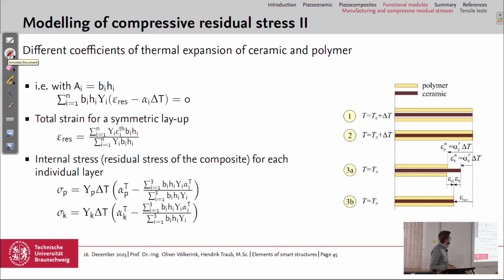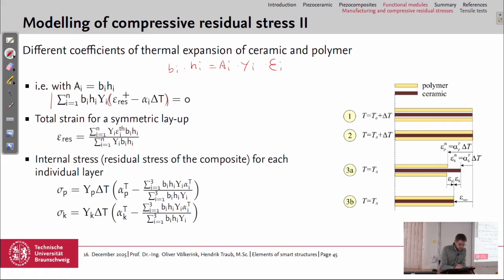And we can rewrite this equation from the slide before, the last one, with this. So Bi times Hi is the cross-section again, times the modulus times the resulting, or the overall strain, epsilon i, with the equation before.